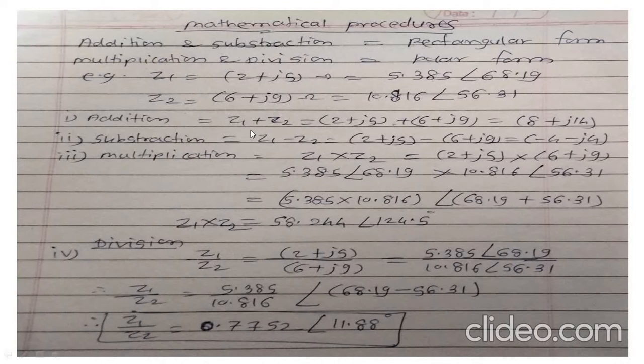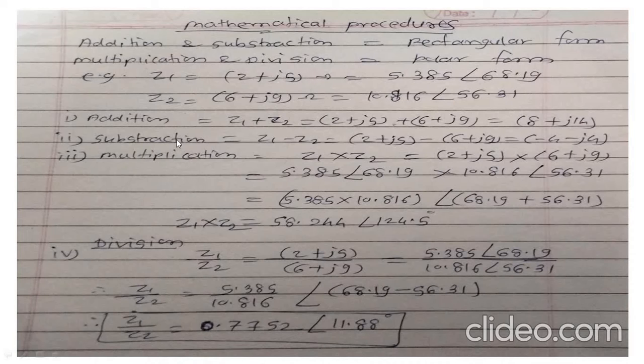We know that addition is done in rectangular form, so we will consider 2 plus j5 plus 6 plus j9. So how is this addition done? Addition of the real part plus addition of the imaginary part. So 2 plus 6, that is 8, plus j, 5 plus 9, that is 14. So we have done Z1 plus Z2.